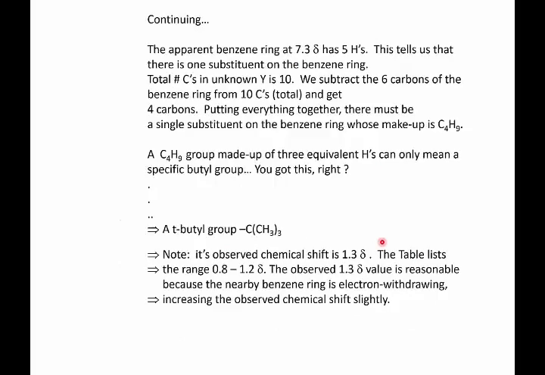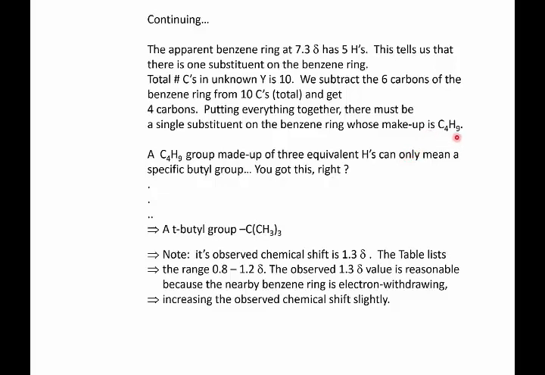If you put everything together, this benzene ring with 5 hydrogens would have just one substituent, and that substituent would be the alkyl group that would have, we figured out, 4 carbons with 3 equivalent methyls. Right, 3 methyls, that's 9 hydrogens, 4 carbons. An alkyl group, that would be C4H9.